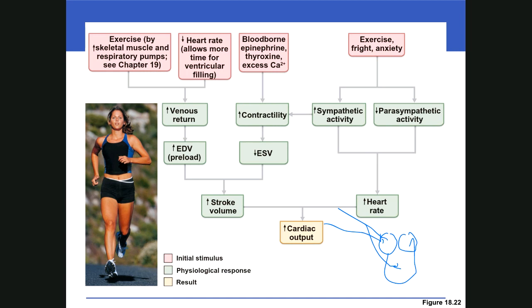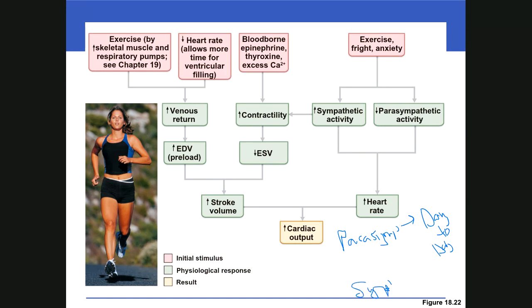Well, remember, the parasympathetic nervous system is a rest and digest system. In other words, it's sort of like a housekeeping system. It's your day-to-day activities. But the sympathetic nervous system is an emergency system.